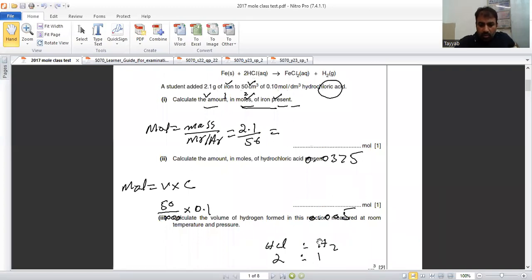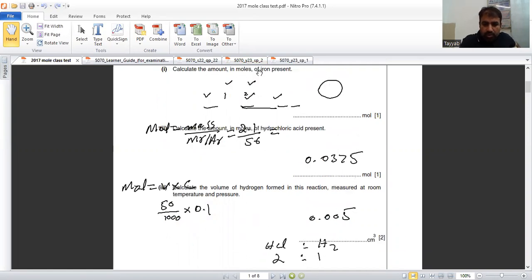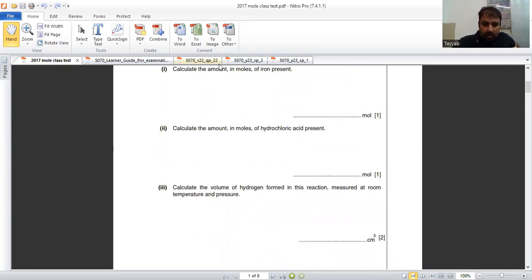If you want to calculate its moles, I would like to write down the equation you have seen previously, HCl and H2. This is 2 mole, this is 1 mole, and if HCl is 0.005, this will be 0.0025.